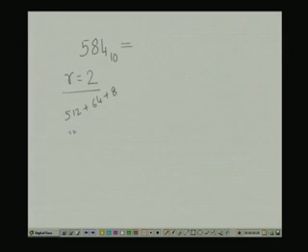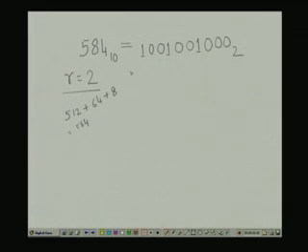How can we represent it? Then the 0th position, the 1's value is 0, 2 is 0, 4 is 0, 8 is 1. Then 16 is 0, 32 is 0, 64 is 1. Then 128 is 0, 256 is 0, then the 512 bit is 1. So this is my binary conversion.